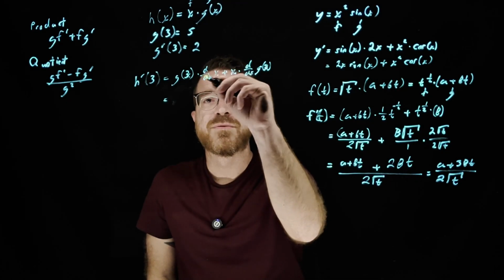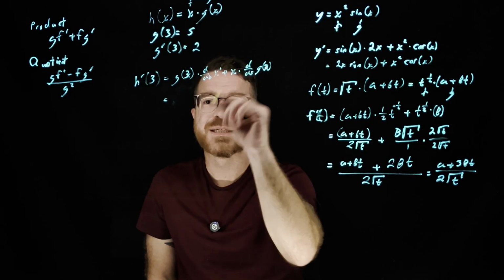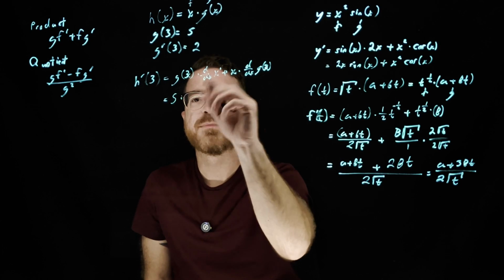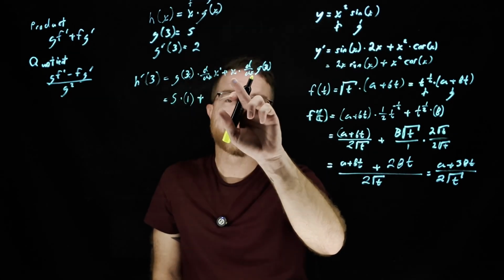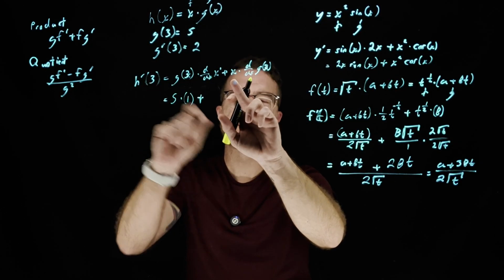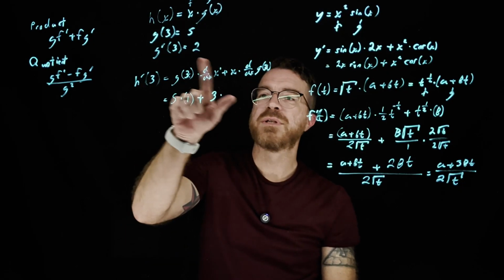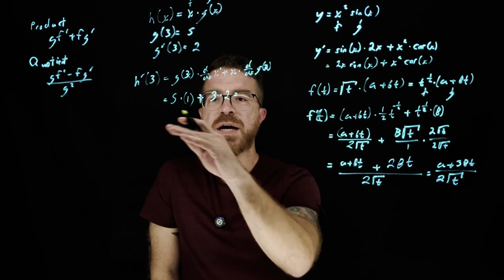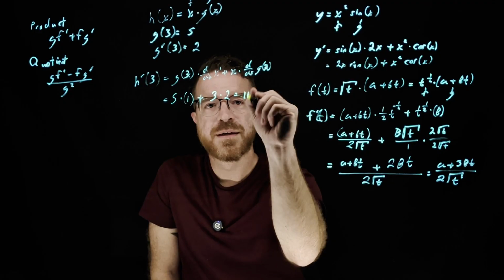The derivative of x is just, if you think of this as x to the 1, the same thing as multiplying by 1. So g of 3 is equal to 5 times 1 plus, now for x, because we're not changing it, we're just plugging in this 3, right? Because this is h prime of x. x is equal to 3, so this is going to be 3 times the derivative of g at 3, which is equal to 2. So we're going to have 5 times 1 plus 3 times 2, which is 6, is going to give us 11.